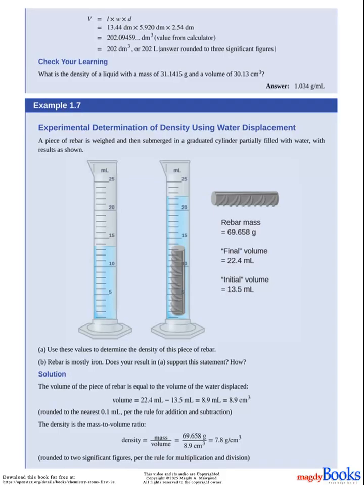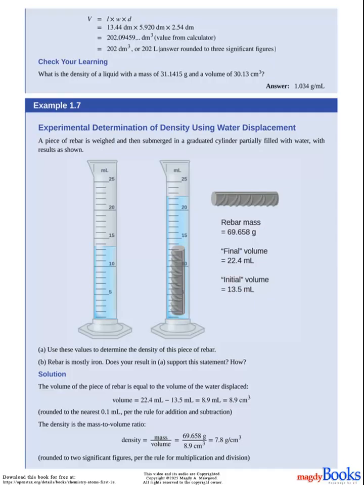V equals L multiplied by W multiplied by D equals 13.44 decimeter multiplied by 5.920 decimeter multiplied by 2.54 decimeter equals 202.09459 decimeter cubed. Value from calculator equals 202 decimeter cubed, or 202 liter. Answer rounded to 3 significant figures.